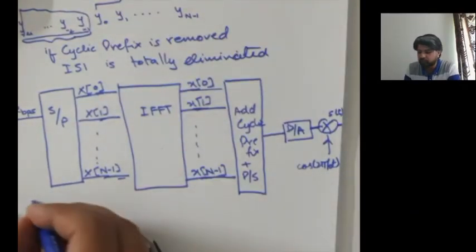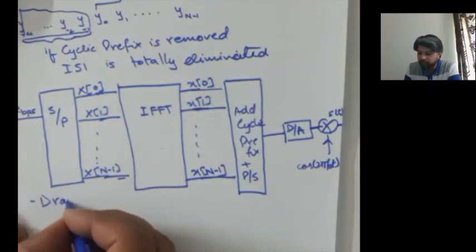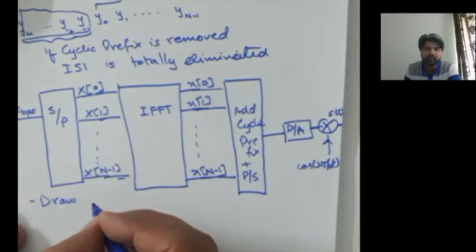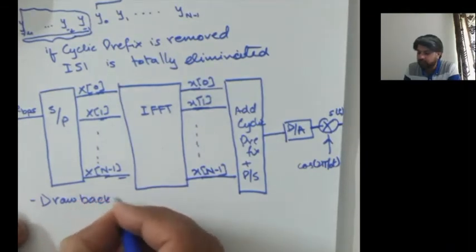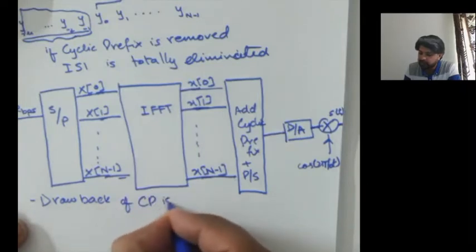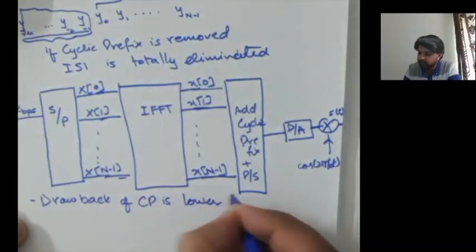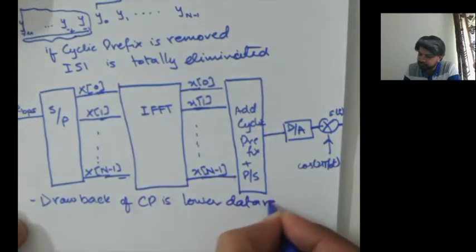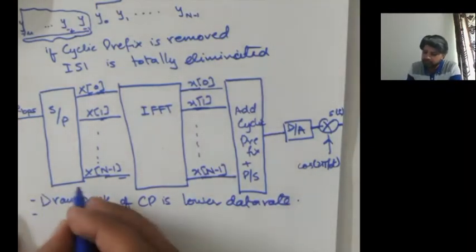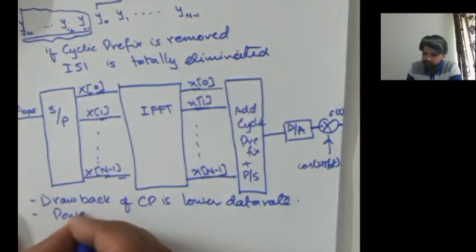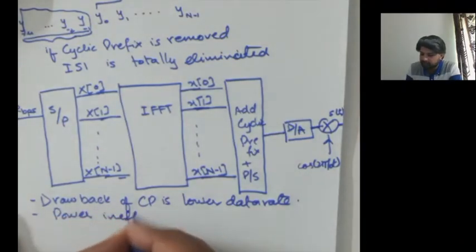Because there is no free lunch, every advantage comes with a disadvantage. So the drawback of the cyclic prefix is lower data rate. And of course, because you are transmitting signal, you would have power inefficiency as well.